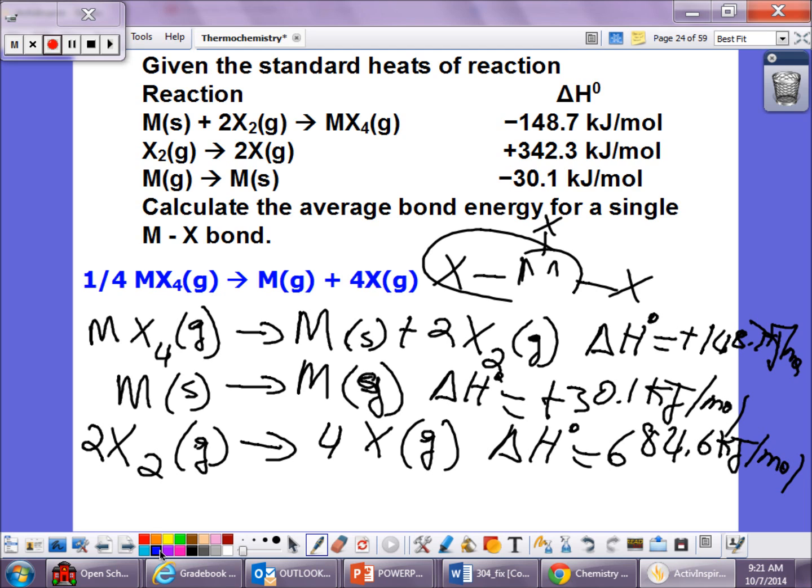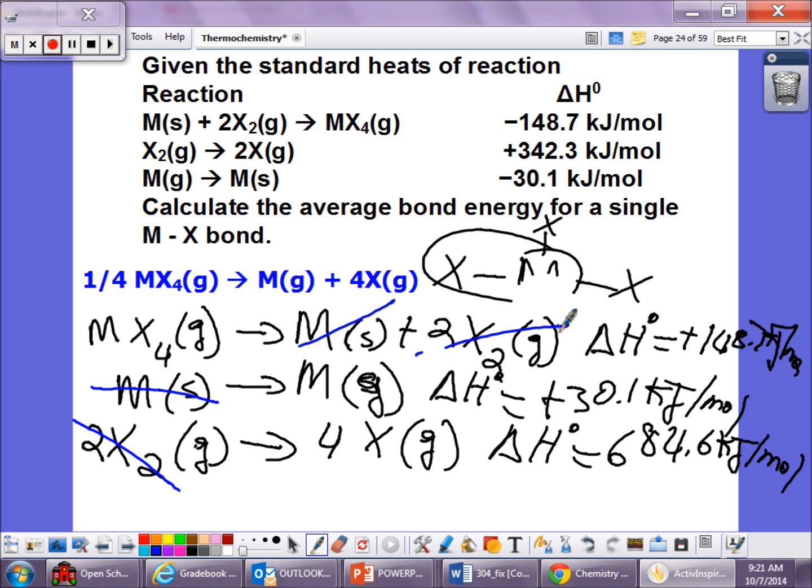Now let's see if I can do some cleaning. This is M solid, and this is M solid. I have 2X2 here, and I have 2X2 here. When you cross out, make sure they are in the same state. What else? That's all. So I can rewrite my equation.